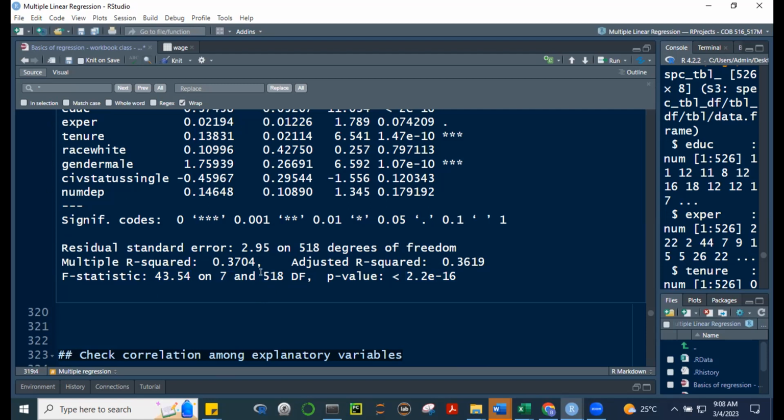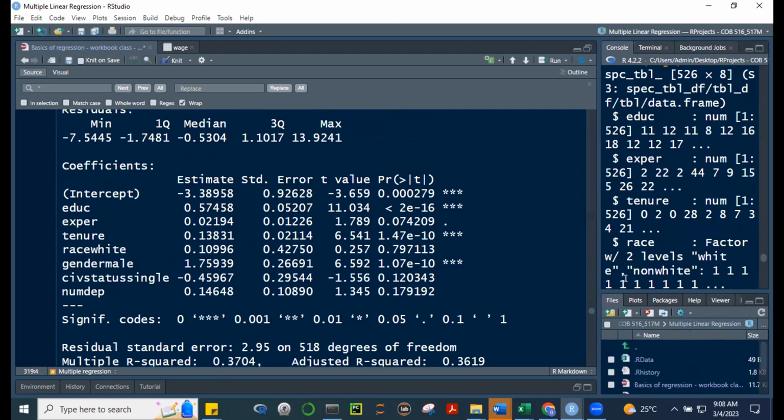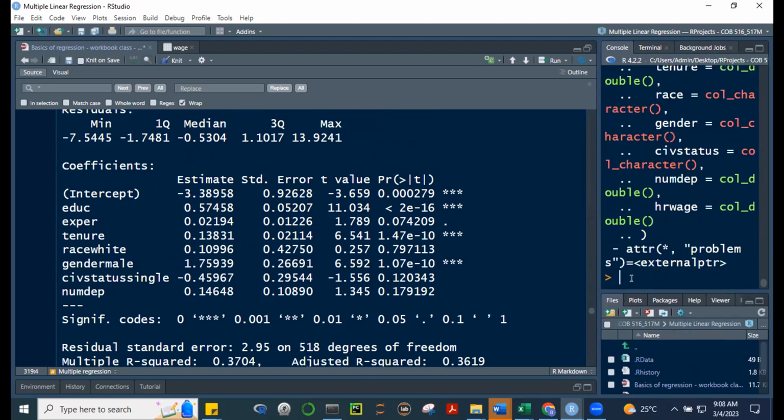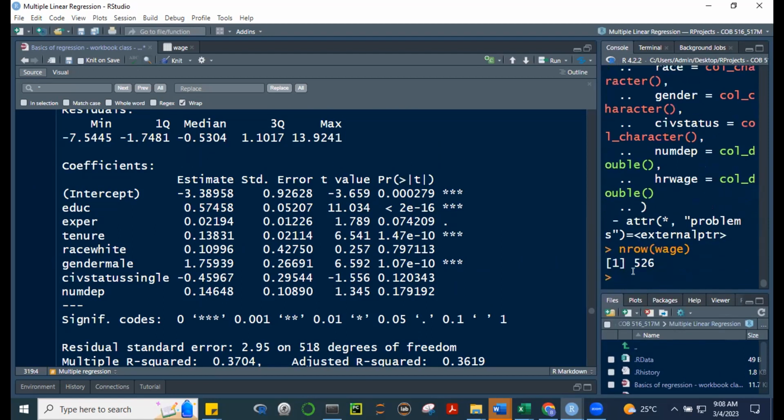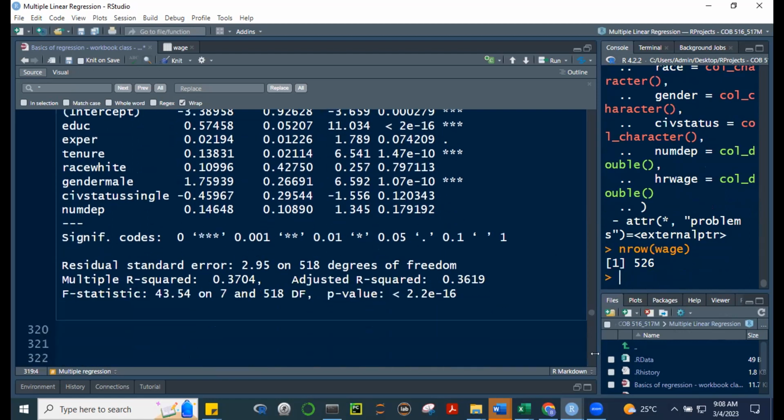Degree of freedom 2 is your n minus k minus 1. The size of the n row ng vector natin, n row ni wage. Okay, 526 observations minus k, which is the number of predictors, which is 7, and minus 1. So that's 526 minus 8. So you have here 518 yung degree of freedom natin, degree of freedom number 2.